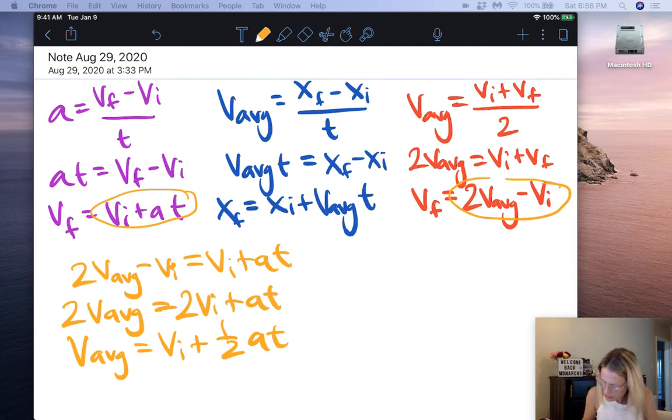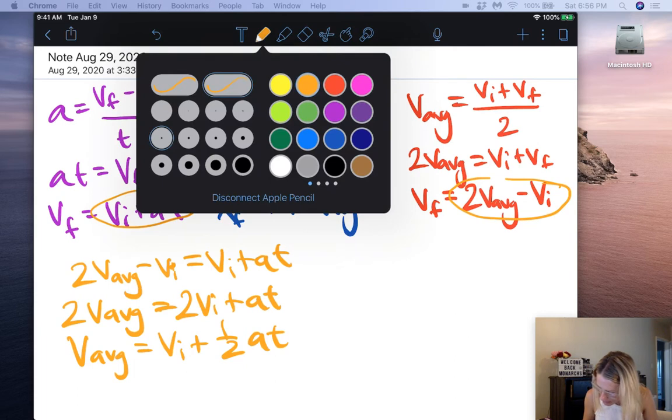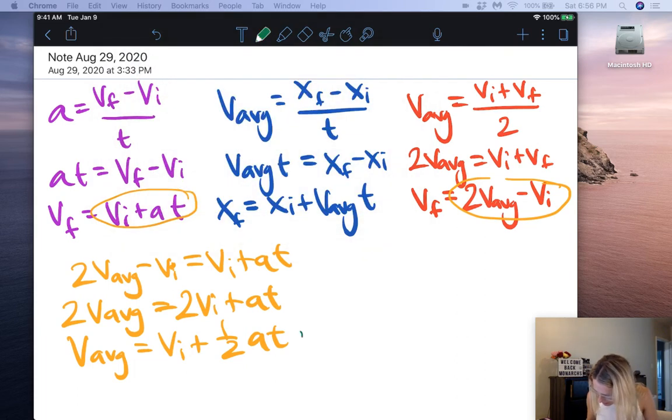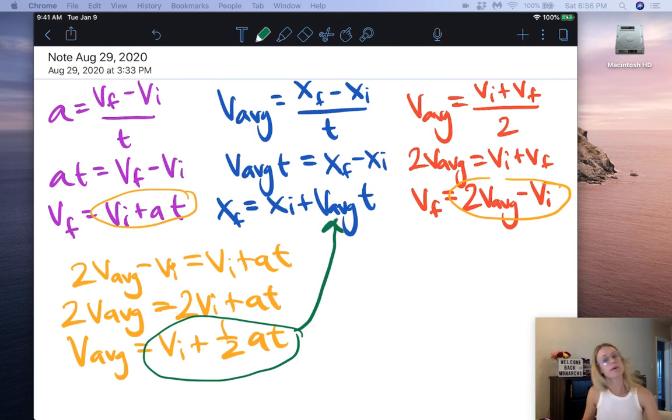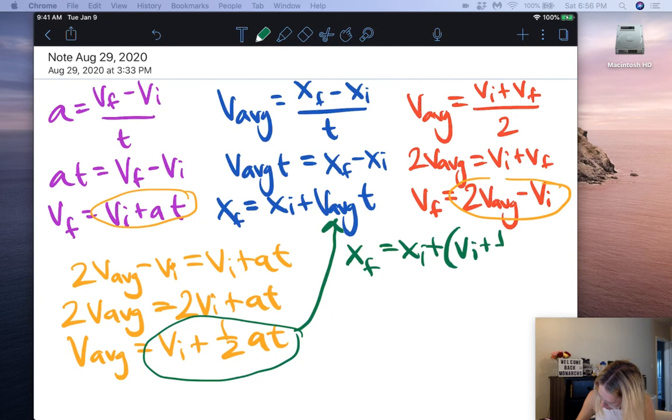So what I'm going to do now is take this equation right here for average velocity, and plug it into this equation right here for that average velocity. So now what we get is final position equals initial position plus that average velocity, which I know is v initial plus 1/2 acceleration times time, times time.